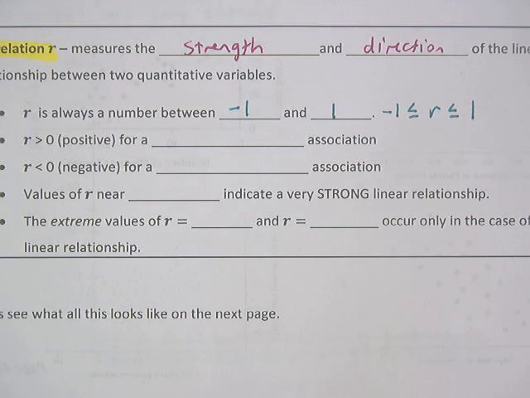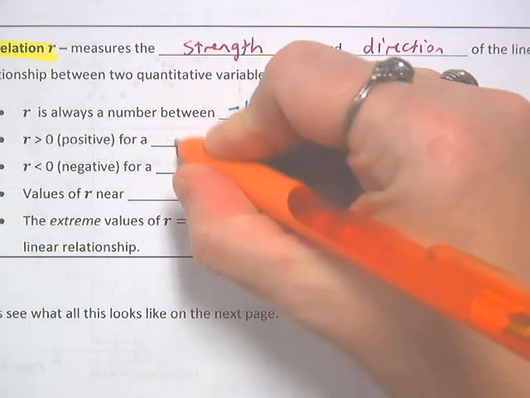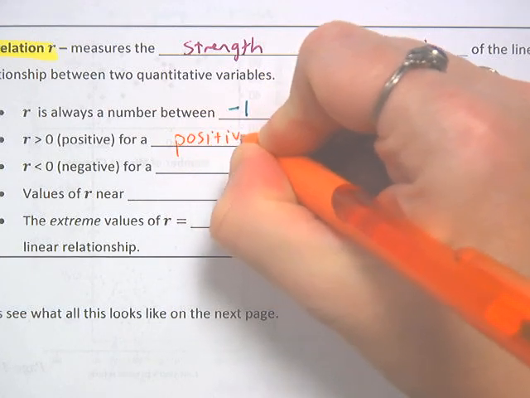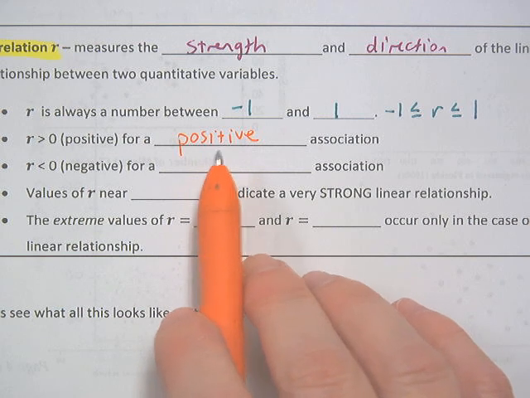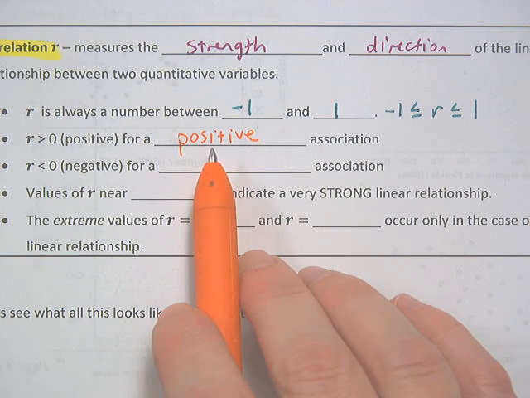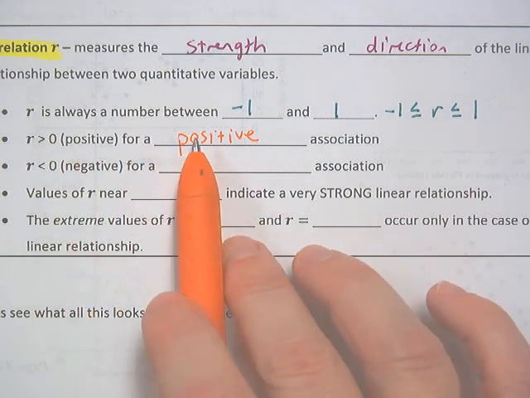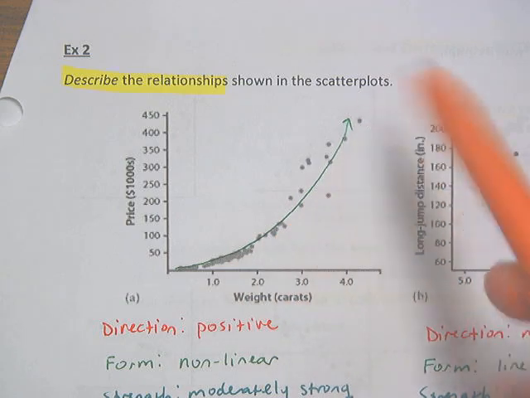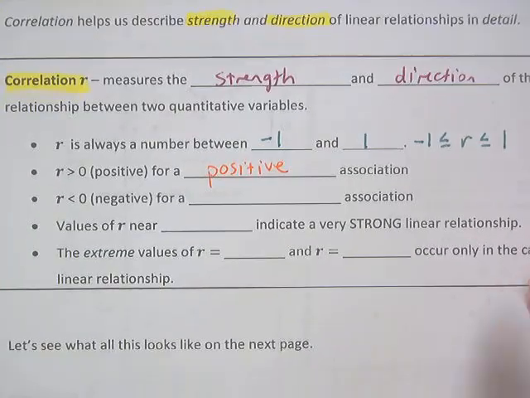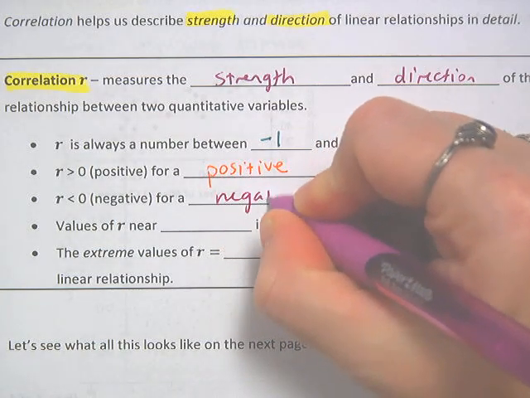The next two I think are kind of a no-brainer. R is going to be a positive number for a positive association. So you might get something like 0.8 or 0.3 or 0.25. If it's positive, then you're talking about something like this that has a positive trend to it. It's increasing. Both variables are increasing. R is going to be negative for a negative association.